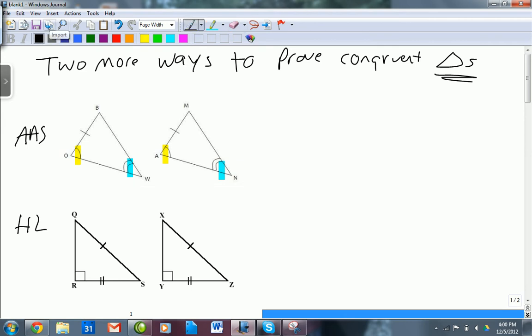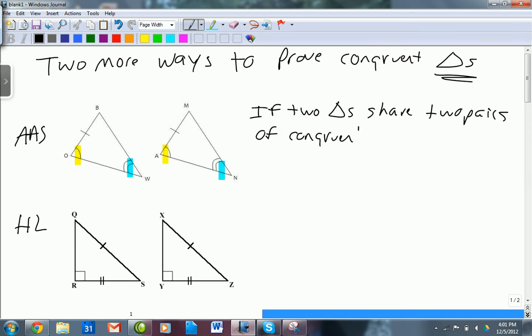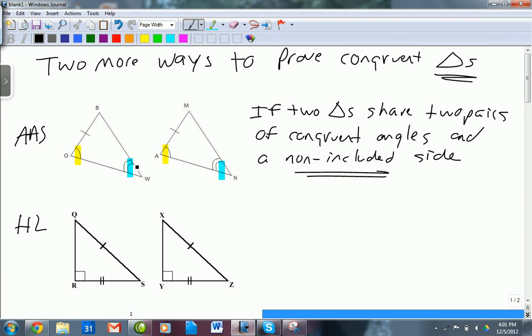So what angle, angle, side says is if two triangles share two pairs of congruent angles and a pair of congruent non-included sides, because if it were the included side it would be angle, side, angle, then the triangles are congruent.